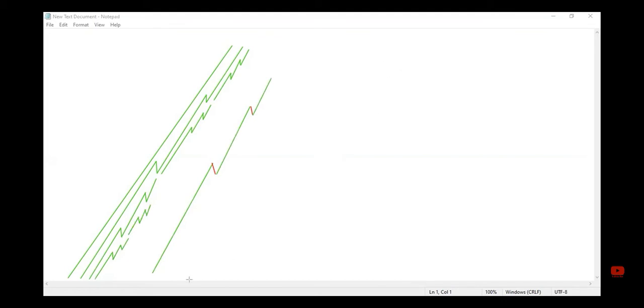And it's the first wave. After pullback, second wave. After pullback, it's the third wave.